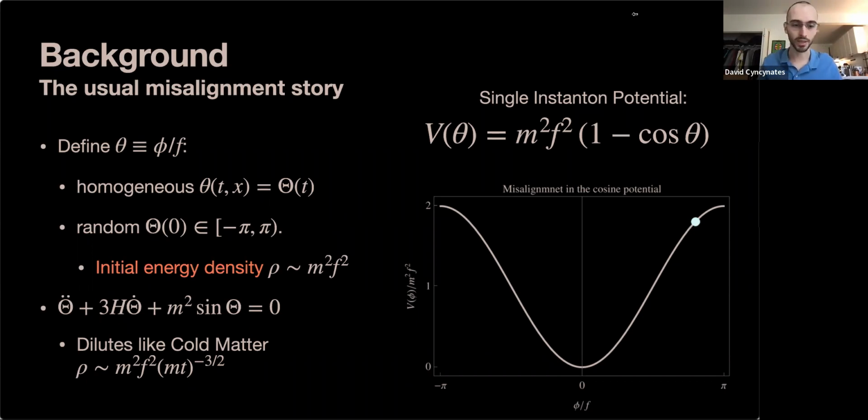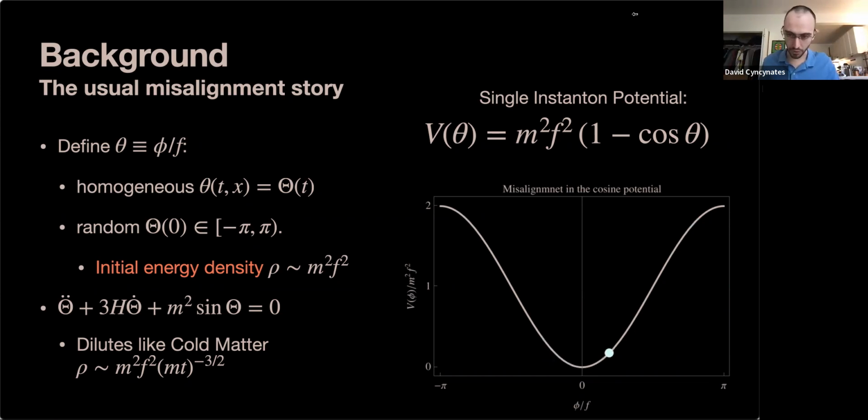So at very early times, the Hubble parameter is really, really big, and this holds the axion at its initial condition. Only once the Hubble parameter dilutes as the universe expands, slowing the expansion of the universe, can the axion begin oscillating. And this happens exactly when the Hubble parameter drops below the axion mass. And we can see this happening in the plot on the right.